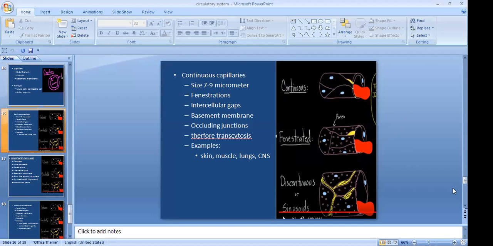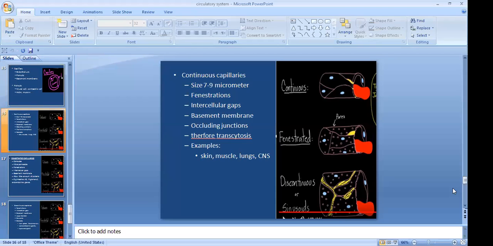Now we will discuss the classification of capillaries. Capillaries can be classified into continuous capillaries, fenestrated capillaries, and discontinuous capillaries.